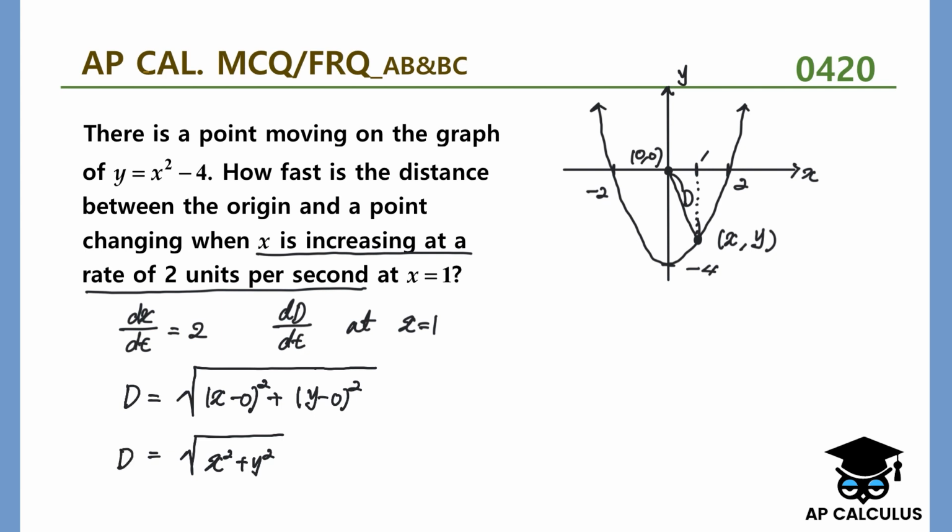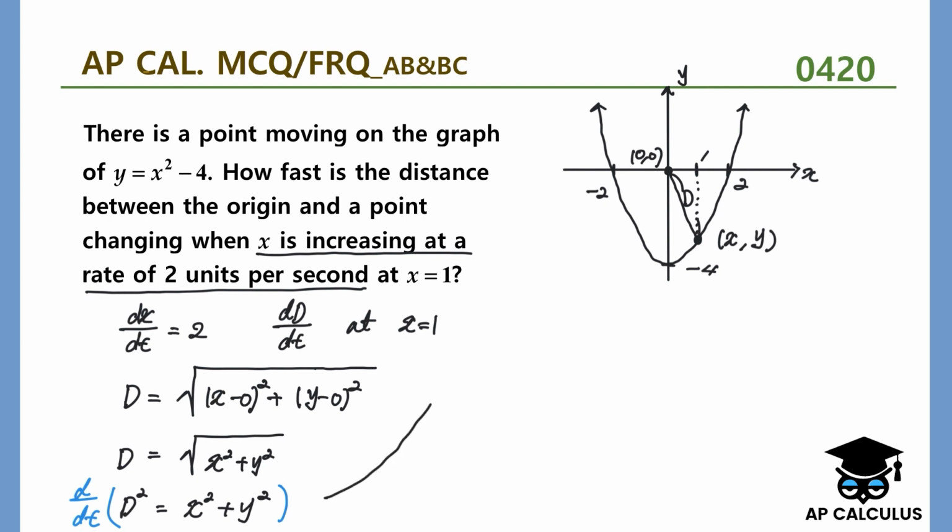We're going to differentiate this equation, but we don't like the square root, right? So square both sides first, like that, and then differentiate this equation with respect to time t. So far so good?